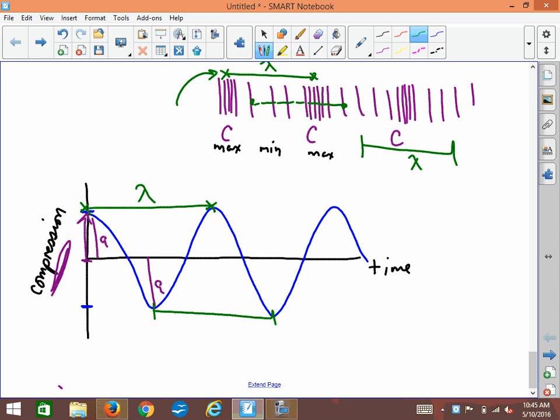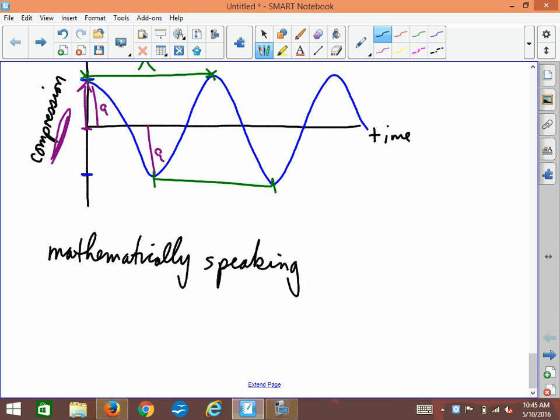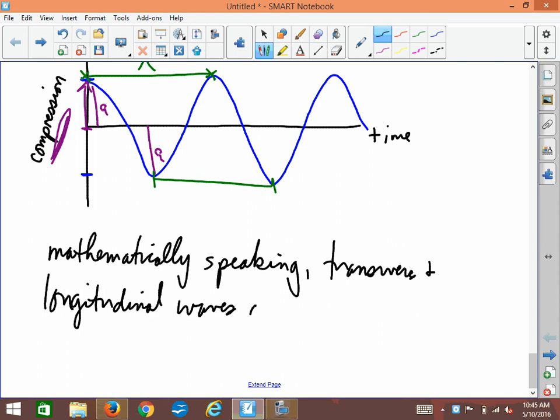So what this means is that although the two waves look vastly different, mathematically speaking, both types of waves are identical. Transverse and longitudinal waves are the same thing.